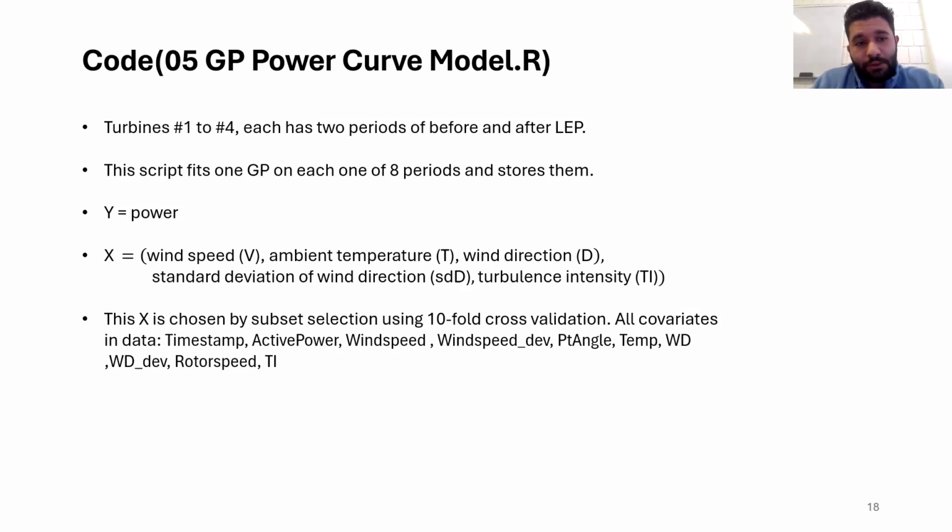The output is power, but the input is not only speed, like the pre-processing step, but now we have more features like temperature, wind direction, standard deviation of direction, and turbulence intensity. In the data set, there are more features like pitch angle and rotor speed, but the reason the author goes with this subset is that they performed a tenfold cross-validation and this subset achieved a lower error.